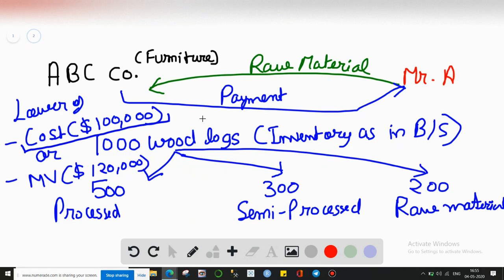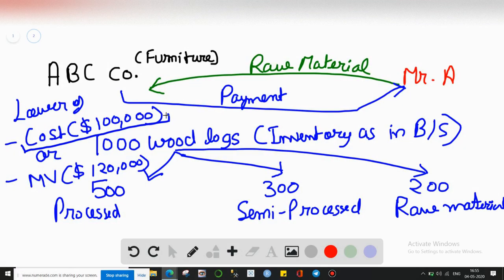When we show the market value in the balance sheet, our net assets will increase and net income will also increase, because the inventory is also considered in the preparation of the income statement. So it will increase the profit substantially.